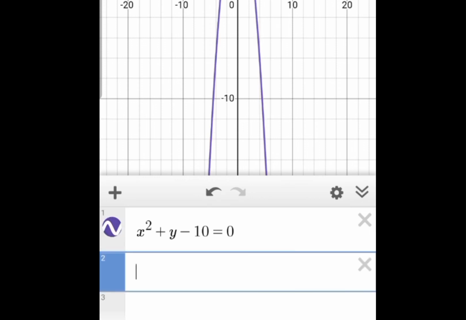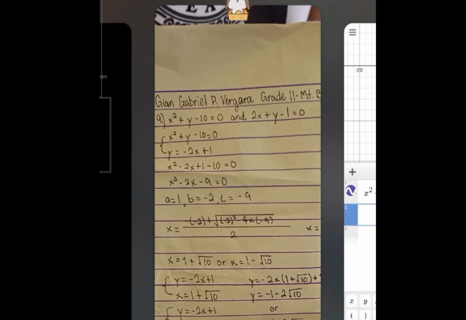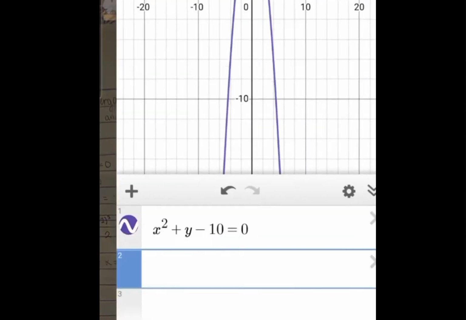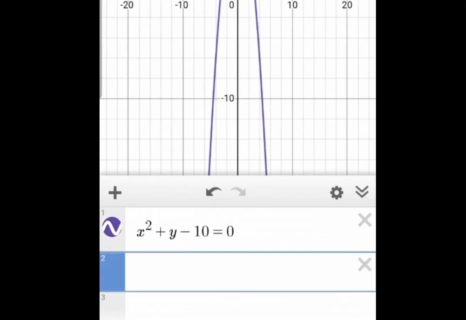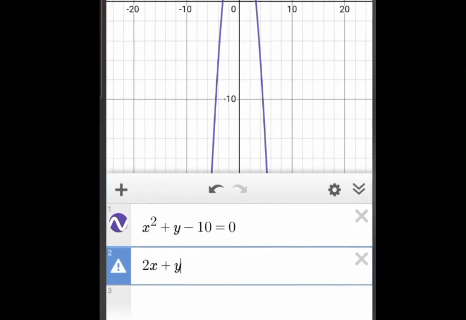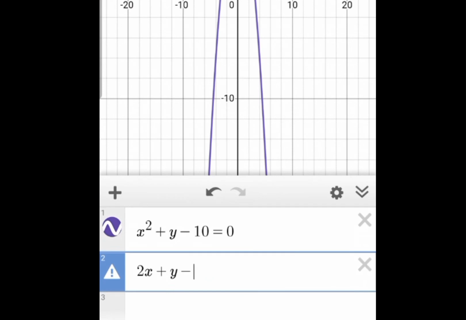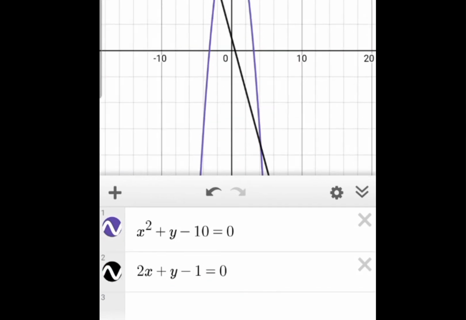Let's do the other one. 2x plus y minus 1 equals 0. And it should look like this.